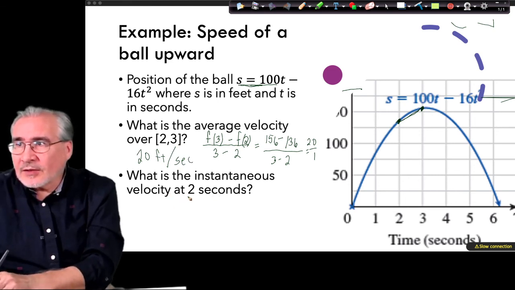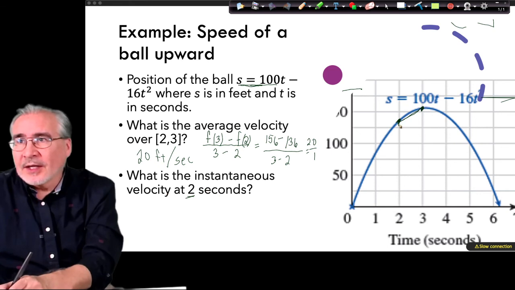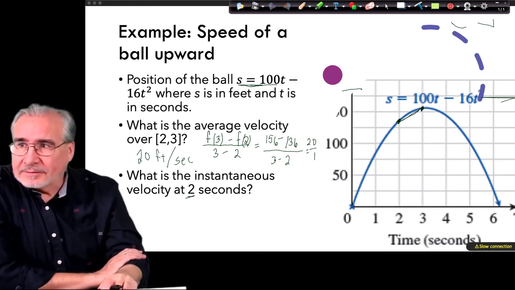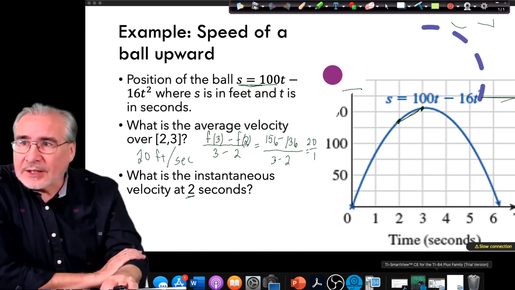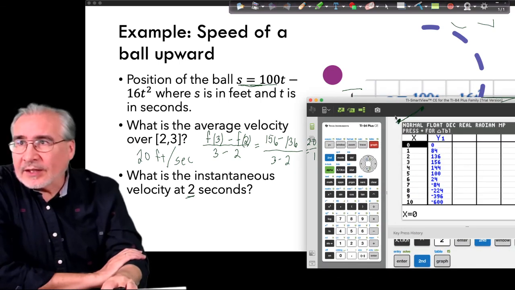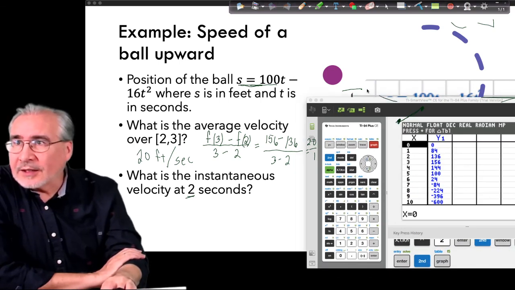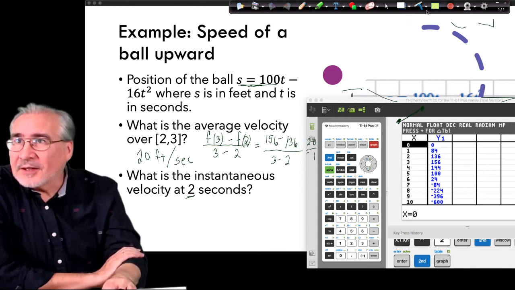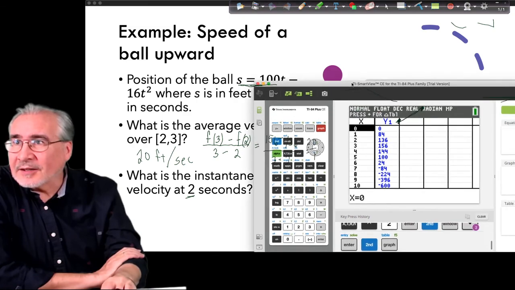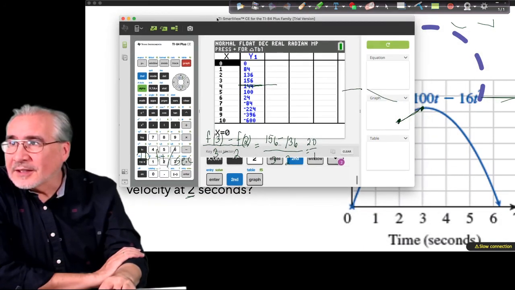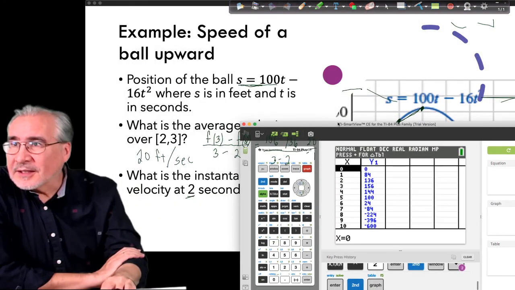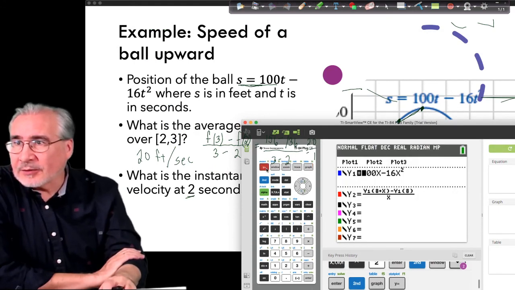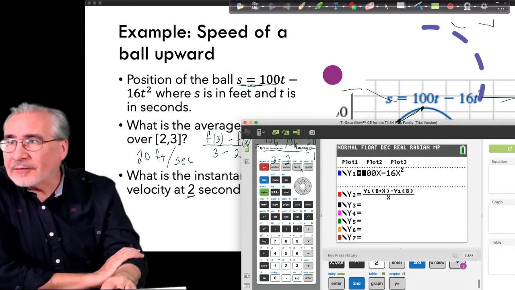But what is the instantaneous velocity at 2 seconds? Well, this is where I'm going to show you how we could use the calculator, as well as how we would calculate it. Since we have y equals, we can go to the graph.